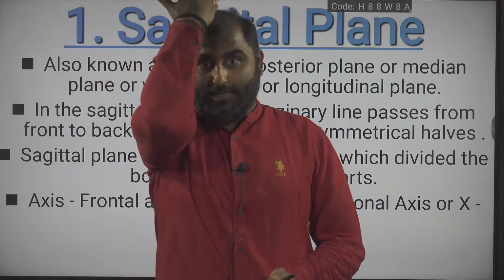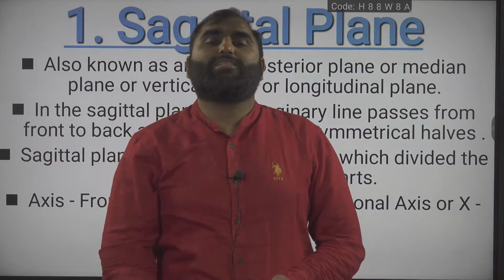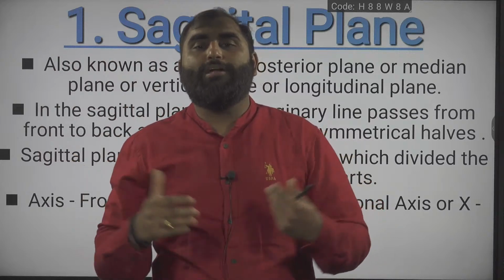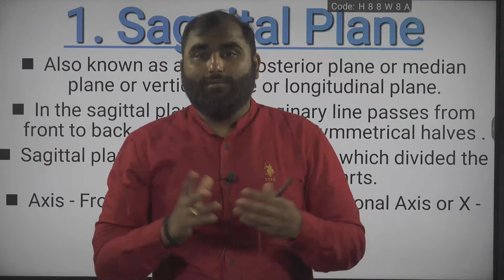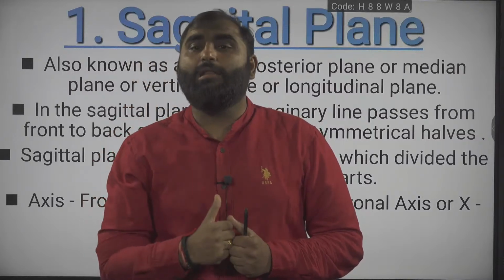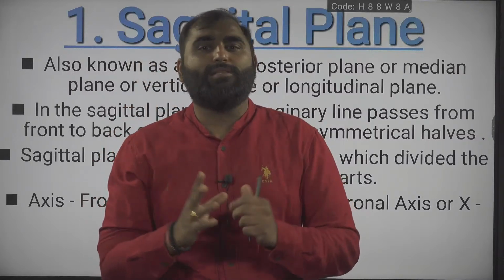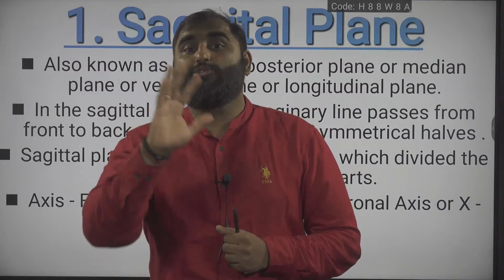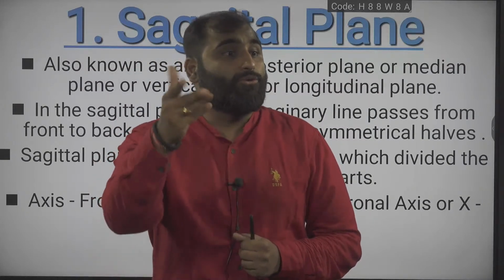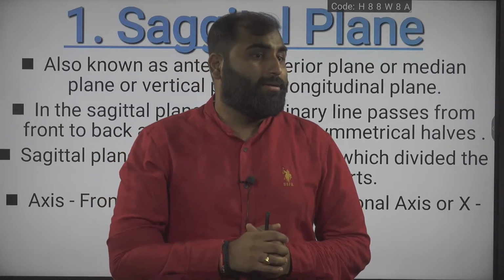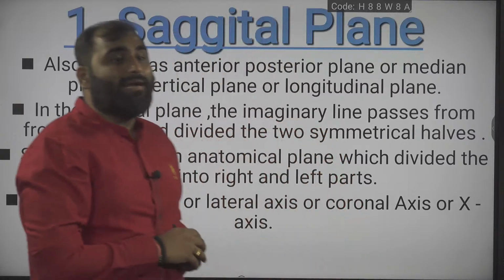This is the axis, and the plane which is passing is your sagittal plane. It will divide the body into two equal halves. That's why many organisms, when in their sagittal plane they show two equal symmetrical halves, which symmetry do you say for that in animals? You use the word bilateral symmetry.